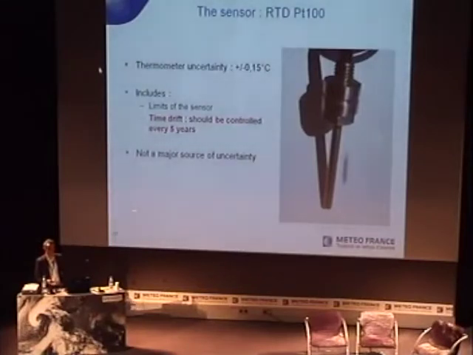If you do not respect that, there are a lot of cases when there is a time drift, and the sensor does not meet the uncertainty requirement of 0.15 anymore. So this is an example where you have the equipment, and associated to this equipment, you have an operation that you must do to be sure you control your source of uncertainty.